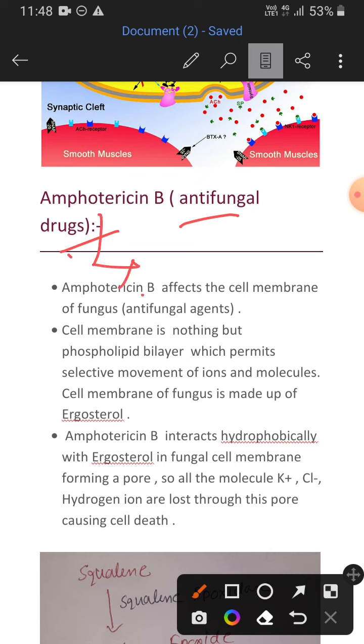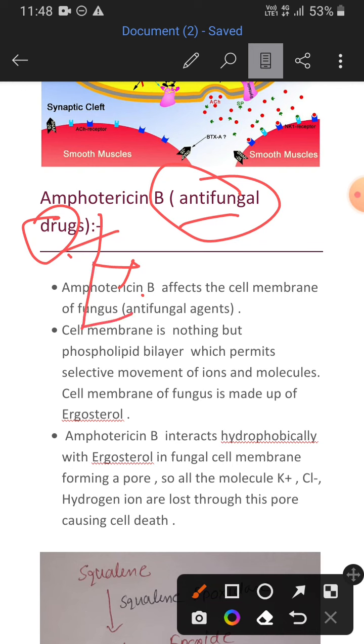The first important thing to remember is what kind of protection it provides: either it destroys bacteria, fungus, or virus. Here it is an antifungal drug, which means it acts against fungus.